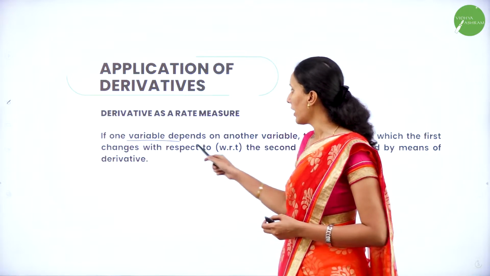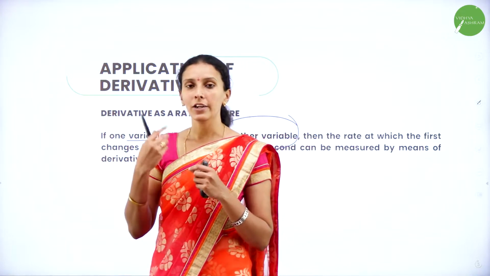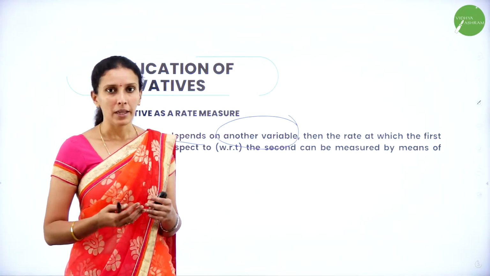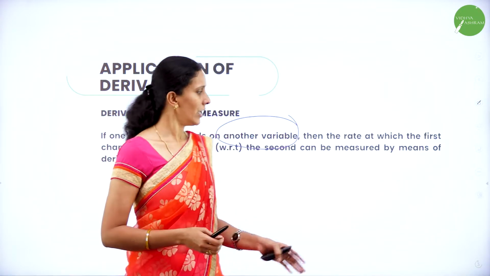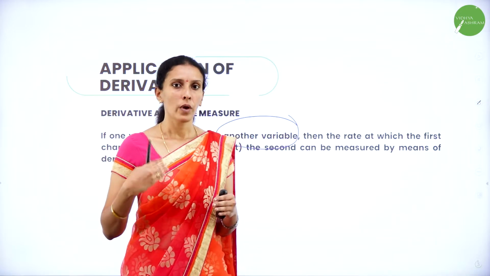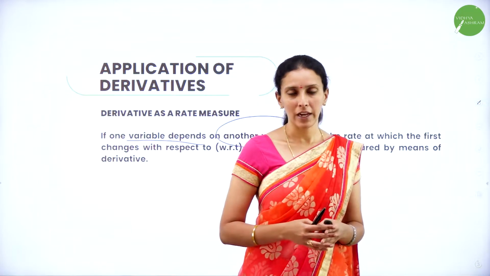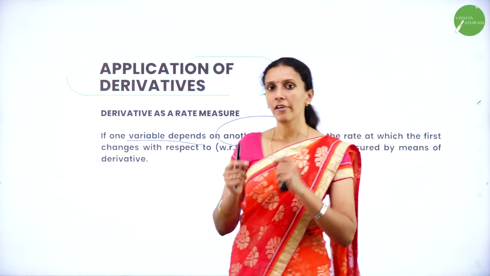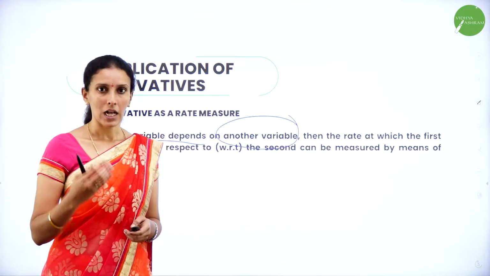If one variable depends on another variable, then the rate of change of one variable with respect to the other can be found using derivative, that is nothing but the rate measure. So one quantity changes with the other quantity. With the help of derivatives, we can find the rate of change of one quantity with respect to the other.